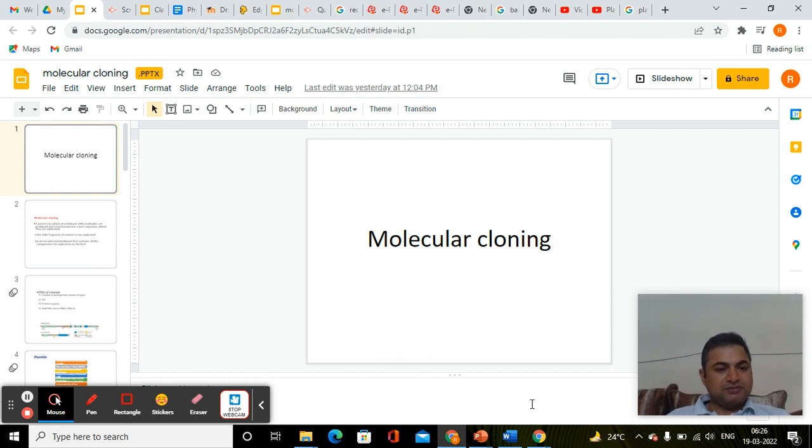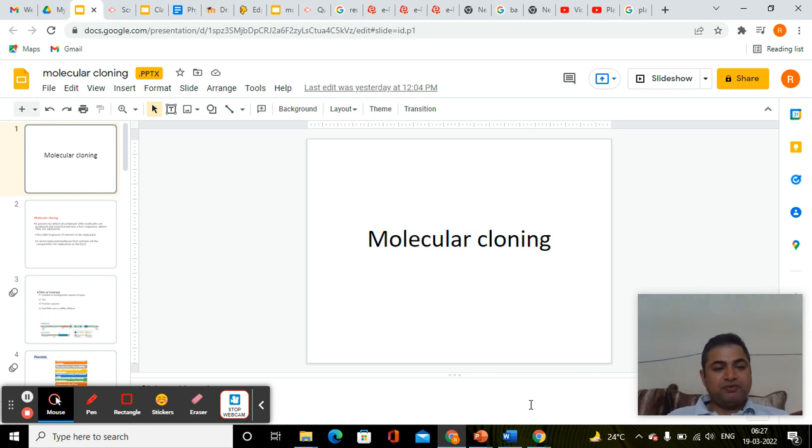It's basically plasmid vectors you must have heard of. So origin of replication is there, antibiotic selection marker is there. So molecular cloning basically involves all those components.